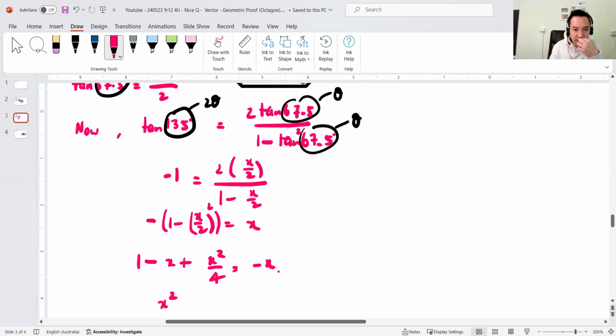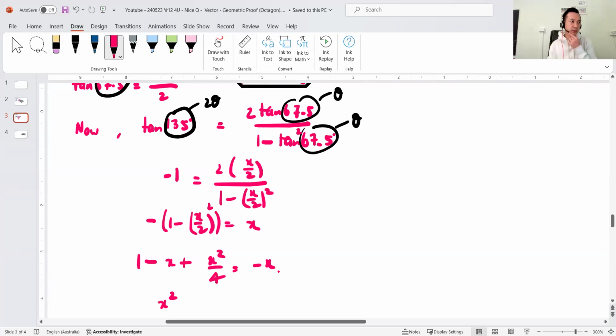Wait a second, something's wrong. I've got my signs wrong. Give me a sec. Sorry, that should be squared, right? 1 minus t squared, okay. That's -1, negative there. 2 times x on 2, 1 minus that, okay, cool.